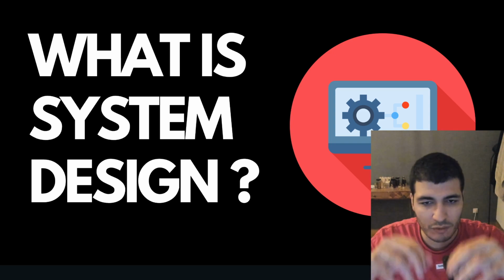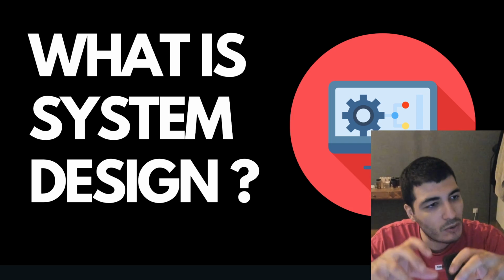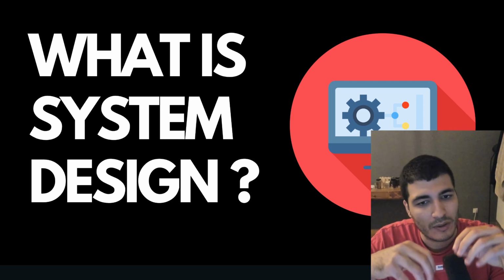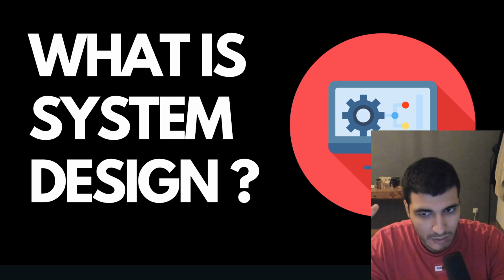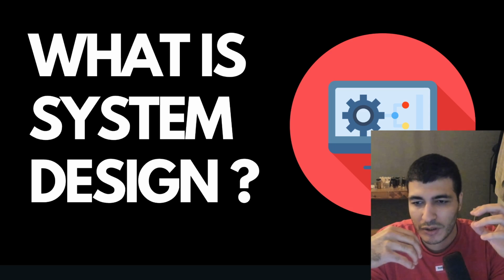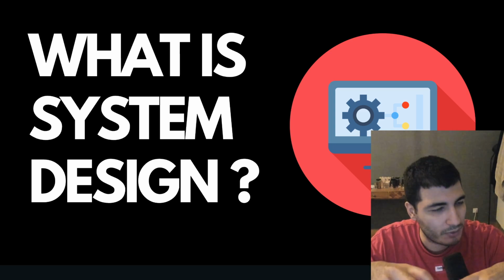But have you ever wondered what happens behind the scenes to make all this possible? The secret sauce is called system design. And in this video, we are going to break it down plain and simple.